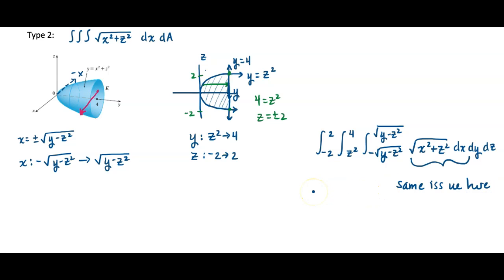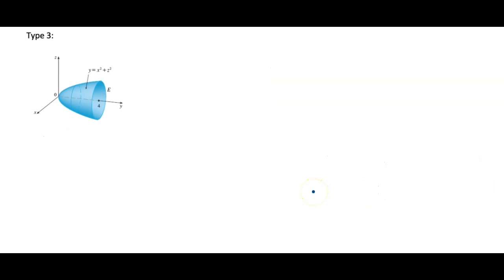So let's try type 3. All right, type 3 is that triple integral written in the form of dy dA. So if I look at these y values, where does y start? Y starts anywhere along this parabola.